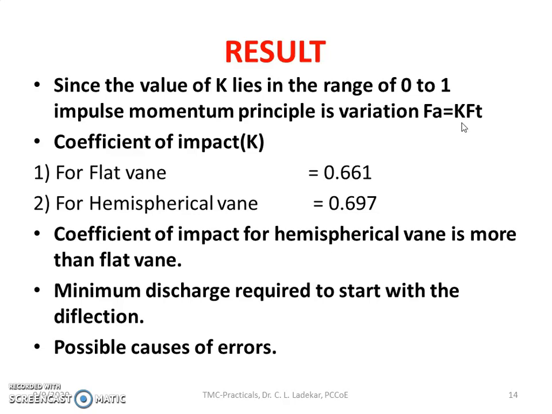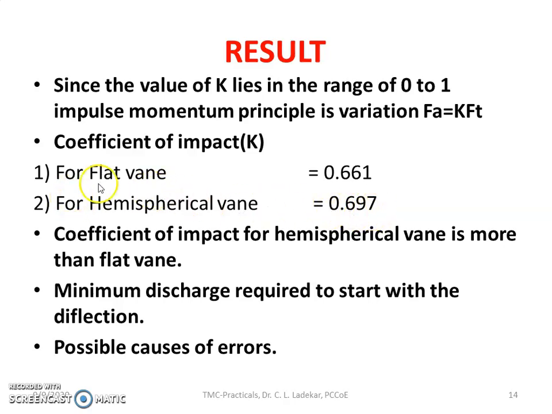You may have questioned how people are going to find the constant. This is the way people are finding. And again you can see the average value of k, which for the case of flat vane is 0.661 and for the case of hemispherical vane it is 0.697.